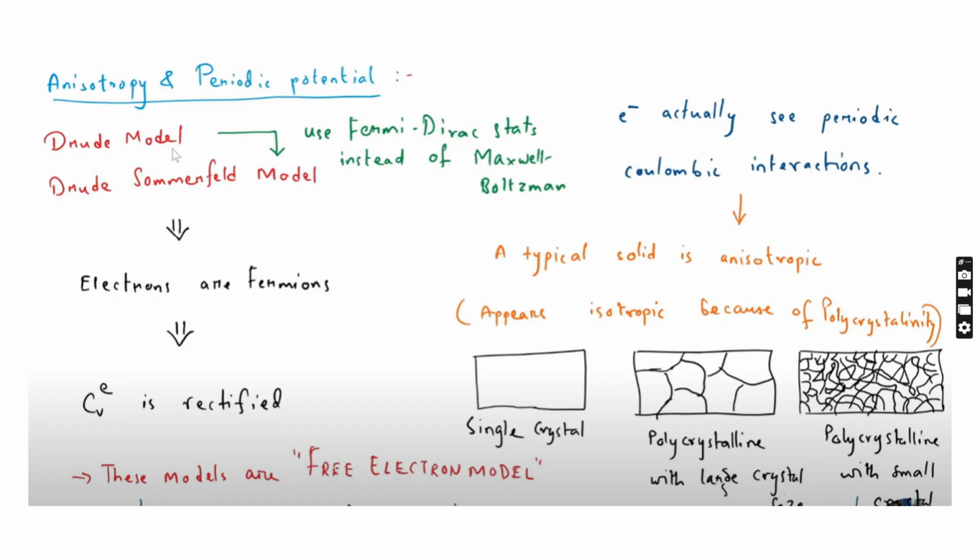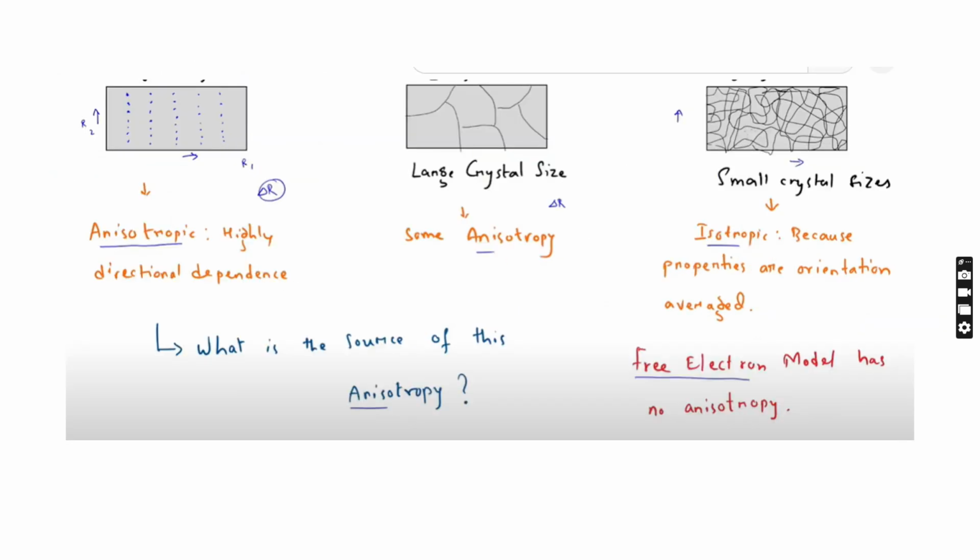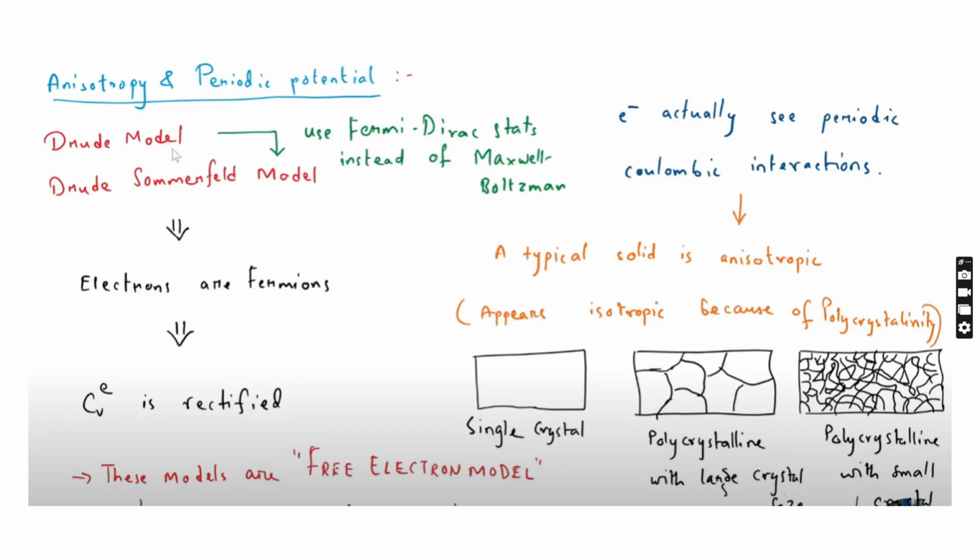They follow the statistics called Fermi-Dirac statistics. So then we included the Fermi-Dirac statistics, as in the electron case we have to use Fermi-Dirac statistics.